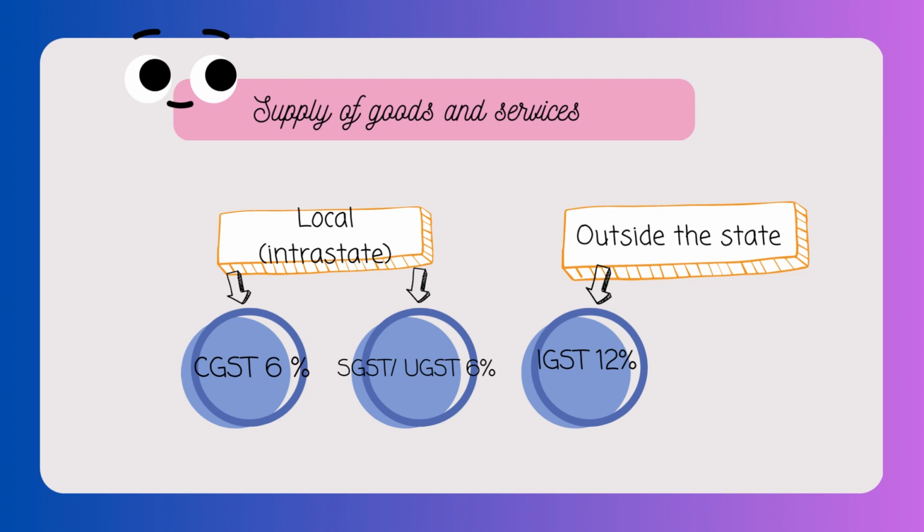State GST, which can also be named Union Territory GST: for any local supply within the same state or union territory, half of the output GST is deposited with the respective state or union territory government as the beneficiary, and is known as SGST or UGST.